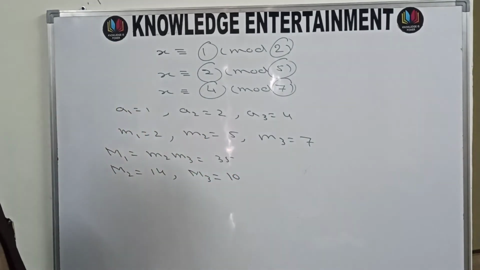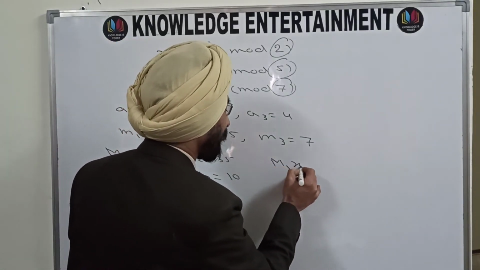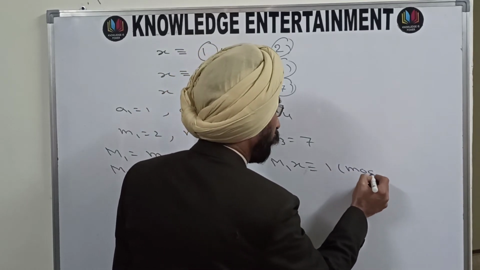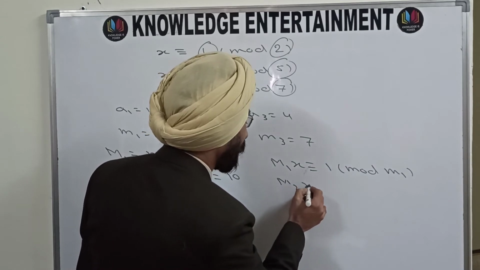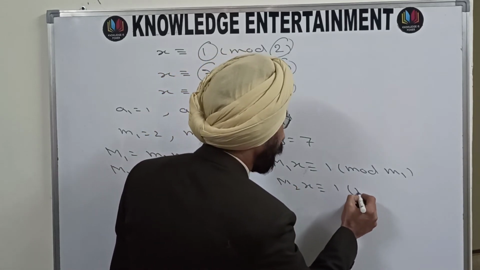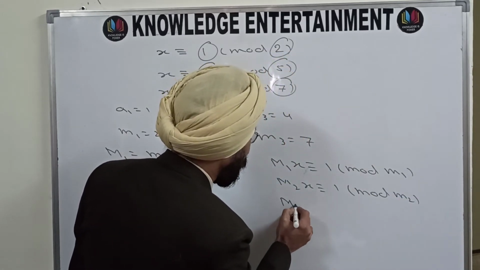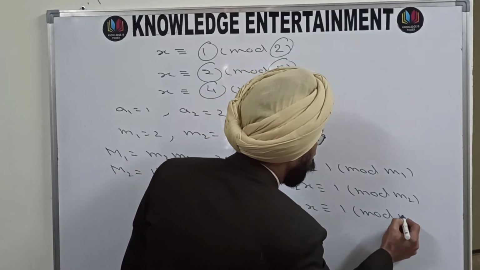Now, consider these equations. M1 x is congruent to 1 modulo small m1. M2 x is congruent to 1 modulo small m2. And M3 x is congruent to 1 modulo small m3.